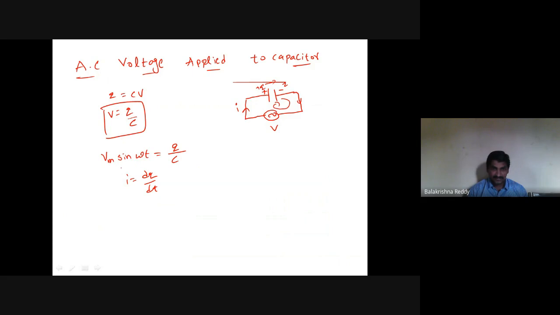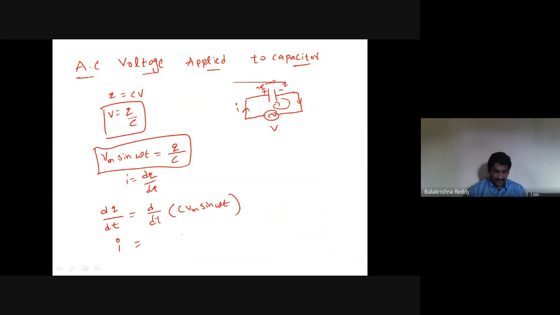Differentiating dq with respect to time, I send the C to this side, so d by dt of C into Vm sine omega t. Why have I differentiated? To express this equation in the form of current. So dq by dt is nothing but current.